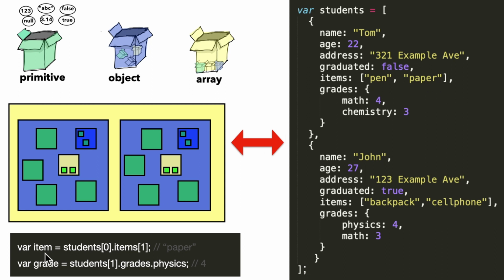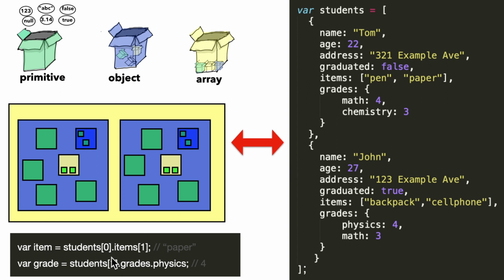Okay, so first I'd go to the first student, right? Because this is an array and it's ordered, we access the first element with its index. So index 0 will give me this first element, which happens to be an object, by the way. So in order to access an object's properties or elements, we just use the name of what we want, which is different from arrays, because with arrays, we use just the index because it's ordered.